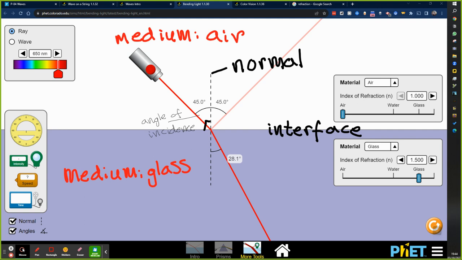And this one's a bit easier. It's the angle of reflection. And this one here, well, the ray has been refracted because we're learning about refraction. So guess what this is? It's going to be the angle of refraction.